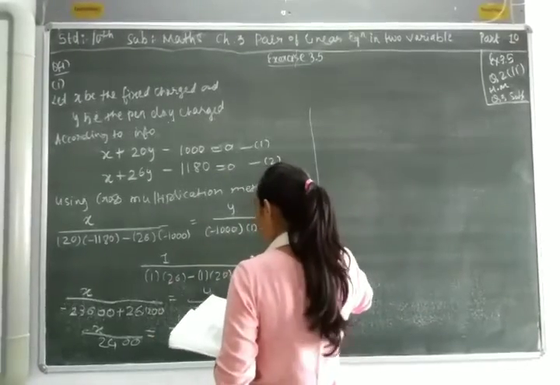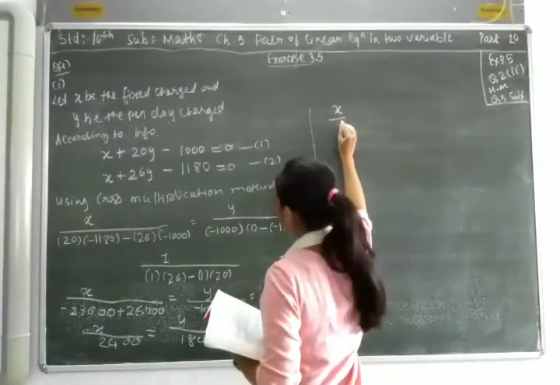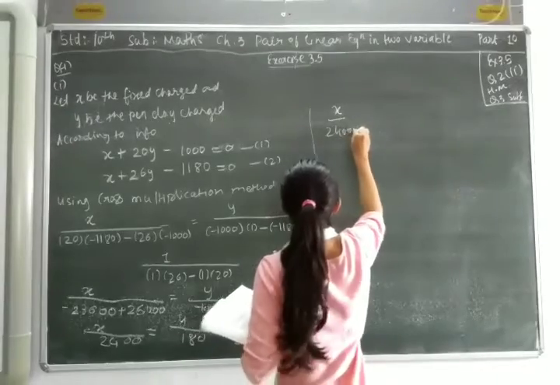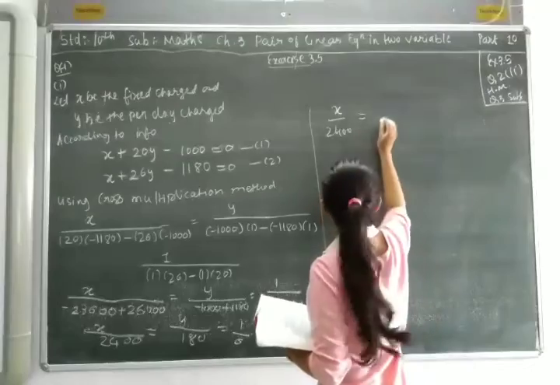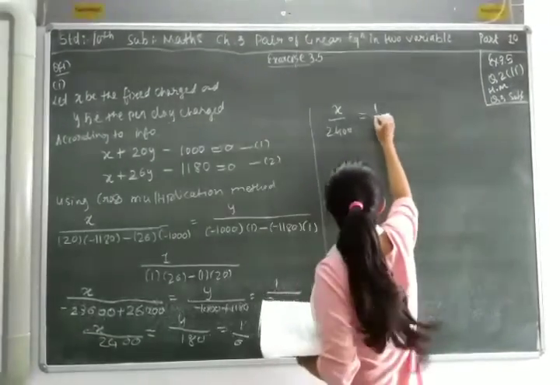So now compare: x equals to 2400 upon 6.